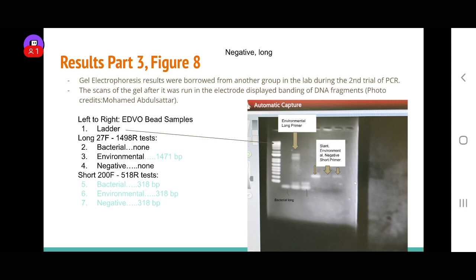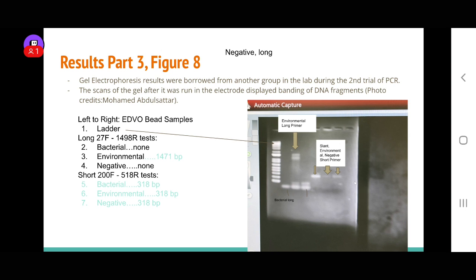Since the negative isn't supposed to contain any DNA template or even the amplified gene, because we didn't add any of it into the negative control for the PCR, this unexpected banding points to a possible false negative, or it could also point towards a possible contamination of the reagents used in the PCR mixture, specifically the primers, the forward and reverse primers in the EDVO bead samples.